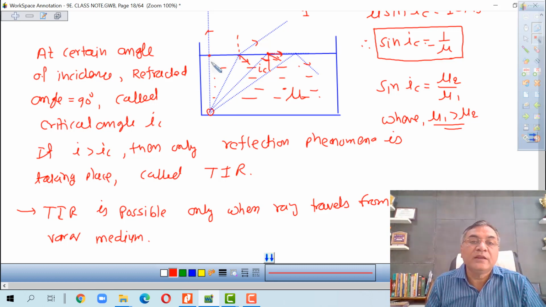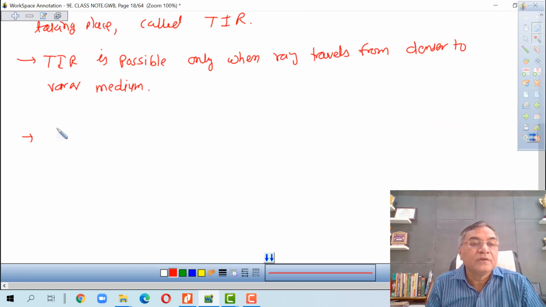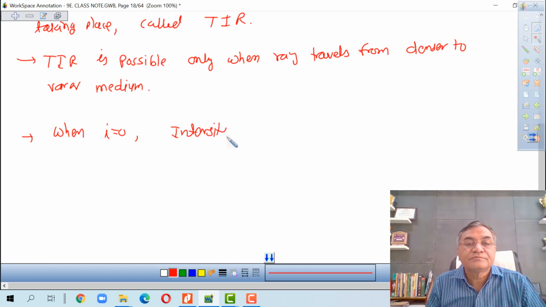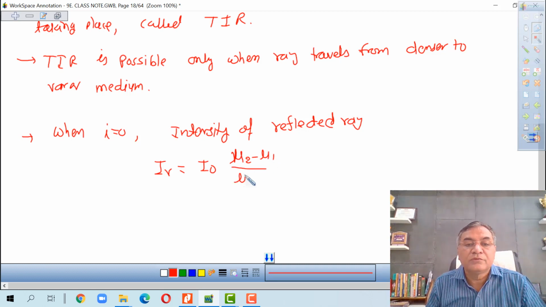અહીંયા આગળ એક વધારાની ફોર્મ્યુલા મારે તમને આપી છે. અહીંયા રે ઇન્સિડન્ટ થયું, રિફ્લેક્ટ બી થશે અને બહાર બી જશે. આ જે reflect થાય when I is equal to 0, intensity of reflected ray, I say suppose IR is equal to I0, that incident one, mu 2 minus mu 1 upon mu 2 plus mu 1 whole square.